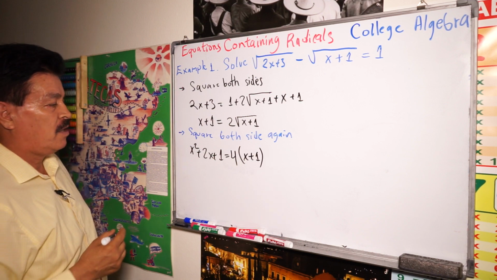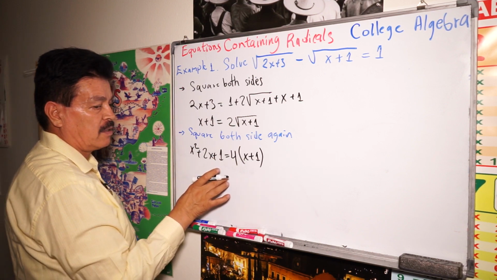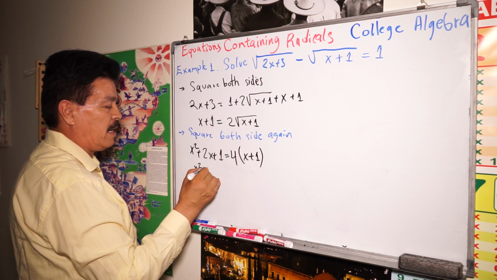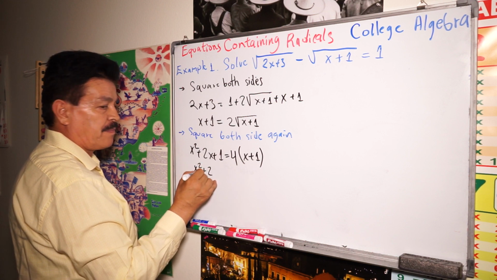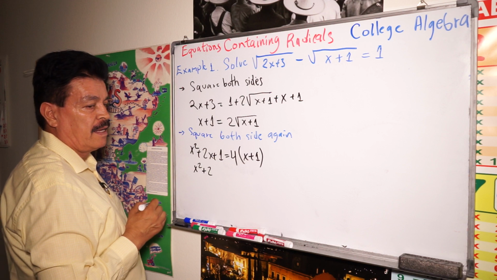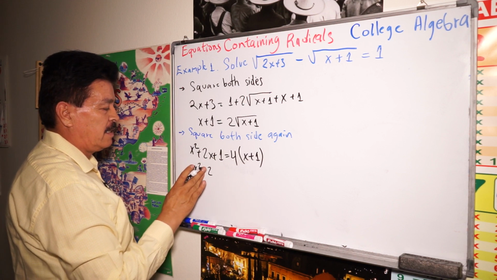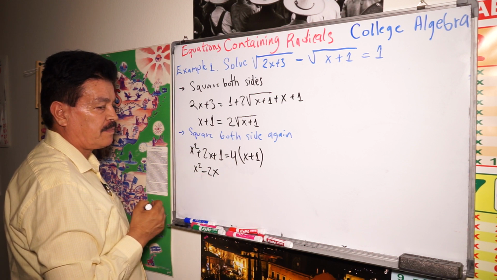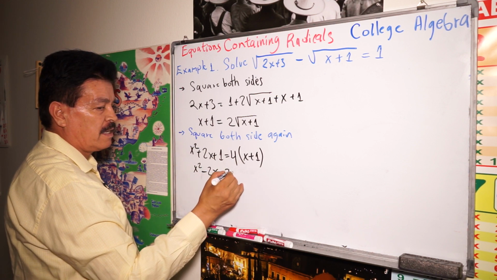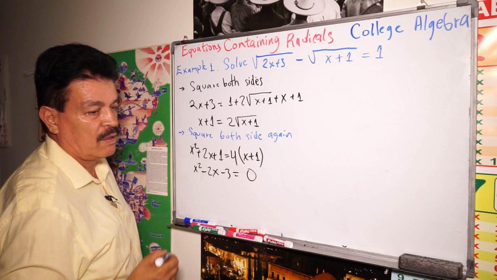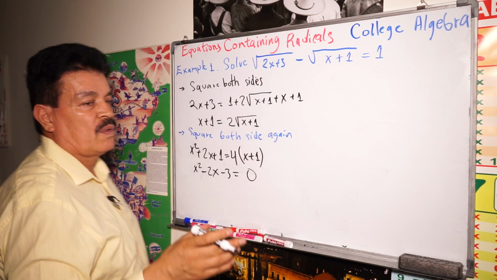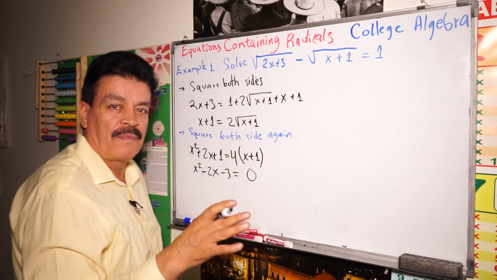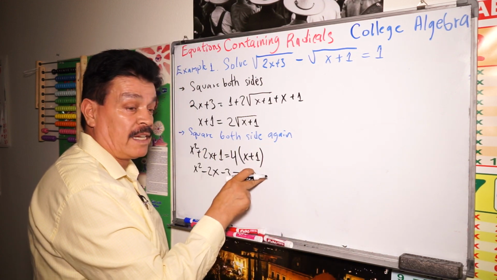You simplify this equation, and you are going to have x to the second power minus 2x minus 3 equals 0. I told you I'm skipping some steps. You need to check and do it by yourself.